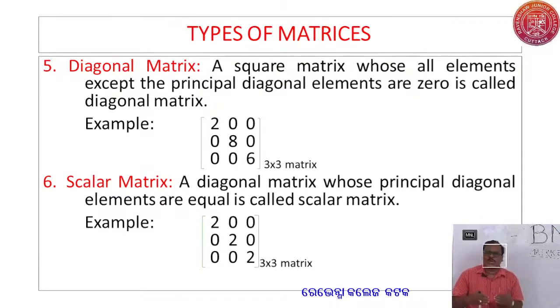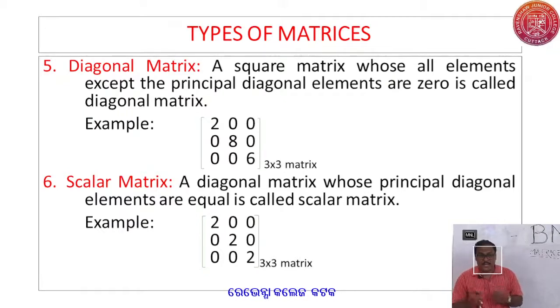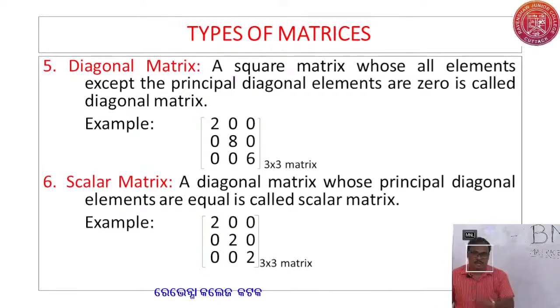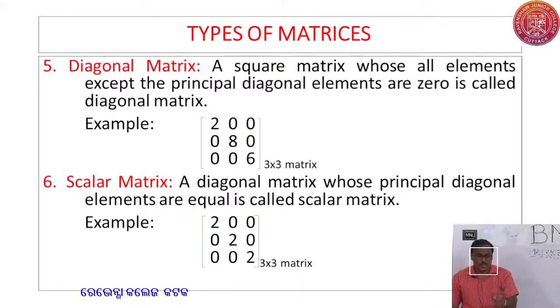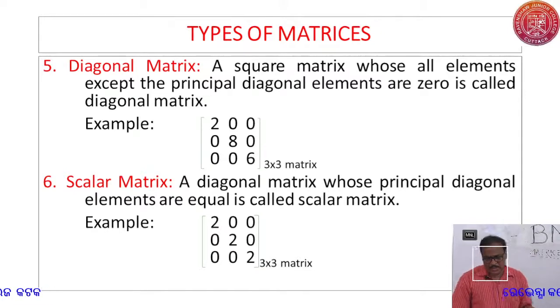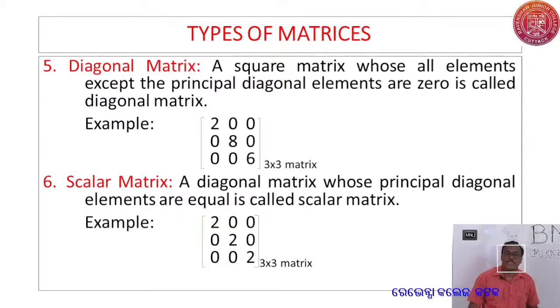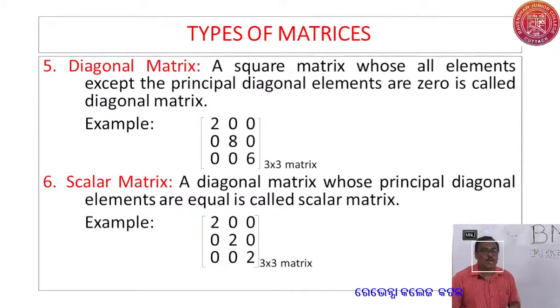This is also one type of diagonal matrix, but with one extra characteristic: all the diagonal elements are equal. In the example I have given 2, 0, 0, 0, 2, 0 and 0, 0, 2. In this type of matrix, all the principal diagonal elements, or leading diagonal elements, are equal.